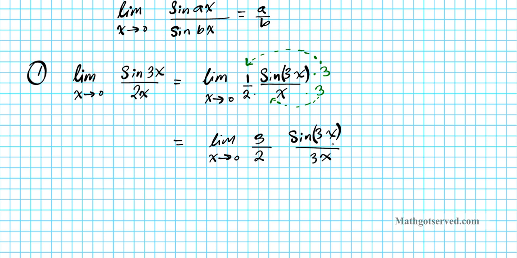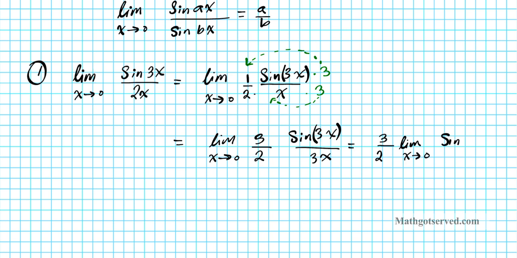Now notice that these are identical. This is what I wanted. This is always the goal, to get the argument of the sine and the denominator to be the same. So I can factor out the 3 over 2, and then we have the limit as x approaches 0 of sine 3x over 3x. Remember, the 3 over 2 is independent of the limit because it has no variable.